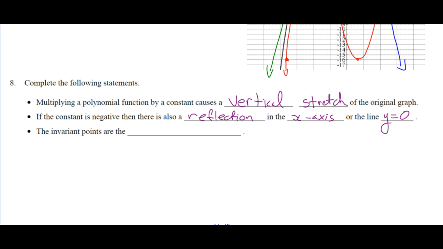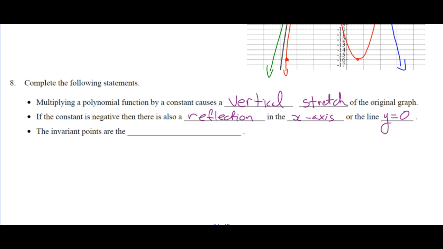Because that's where the invariant points are. Where are they? They're on the x-axis. Why? Because it's the line y equals 0. And what happens when y is 0? Well, you can't stretch away from that line, right? Because you're on the line. So the invariant points are the, what will we call them then?